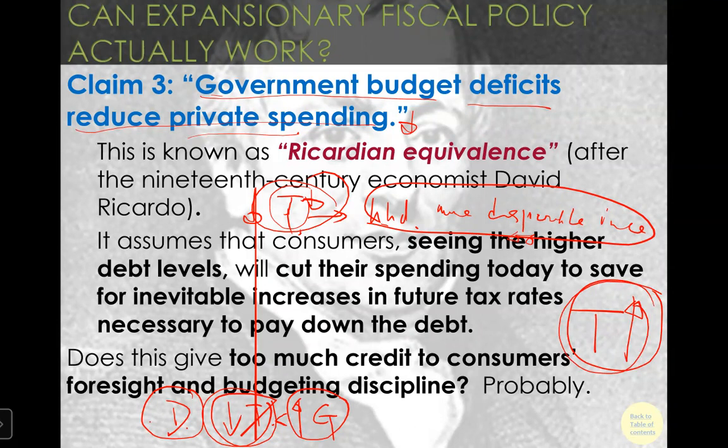In other words, not every individual is as sophisticated as Ricardo. So they won't see the tax increase coming, and they may happily increase their spending today.